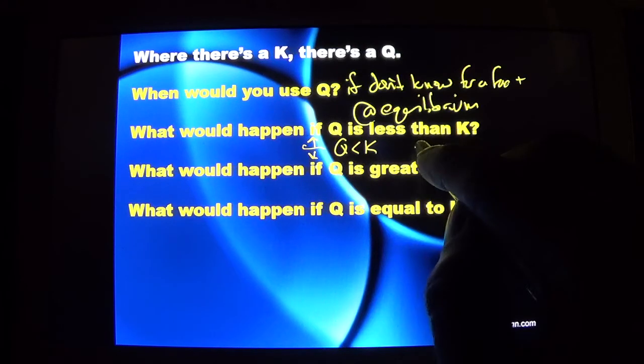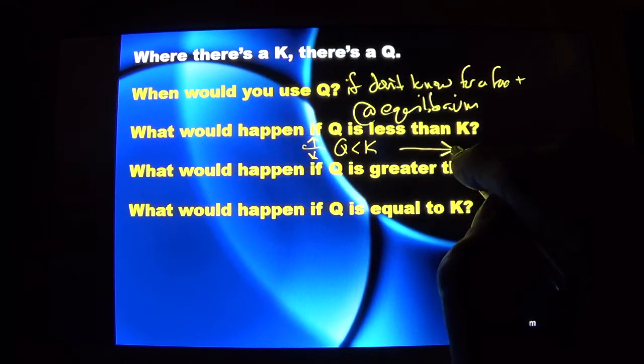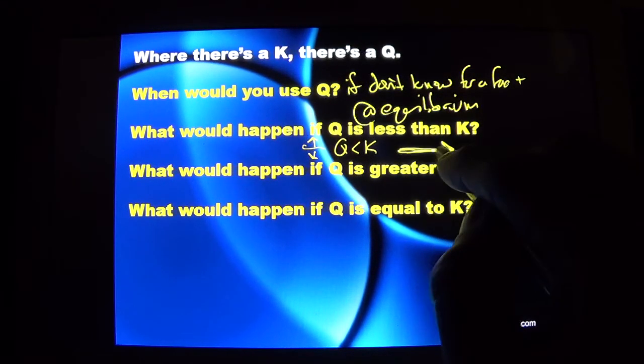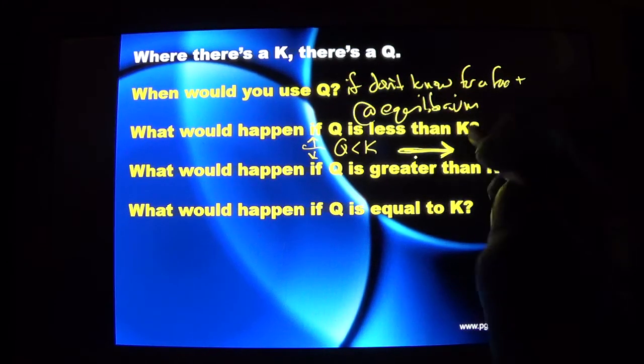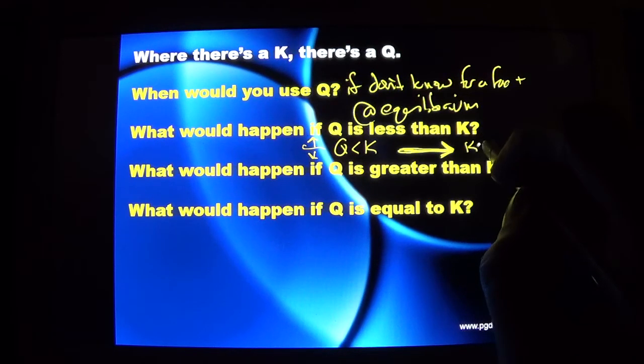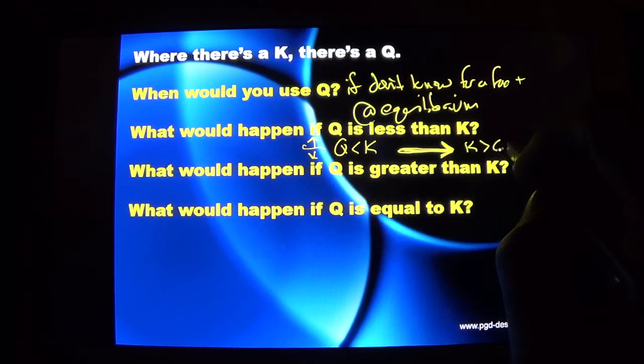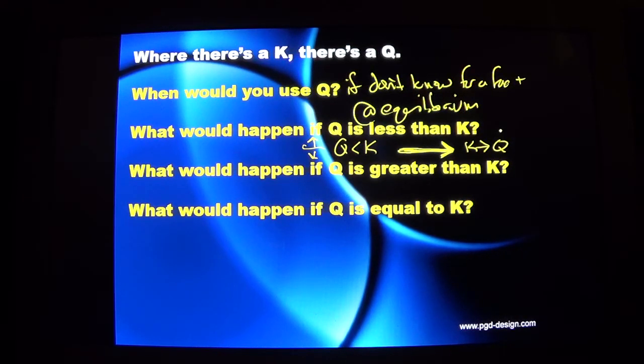So therefore, I need to shift to the right. The forward reaction will speed up faster than the reverse reaction to get to K. And again, if you want to use our shortcut, always writing K on the left and Q on the right, boom, there's your arrow. Shift to the right.